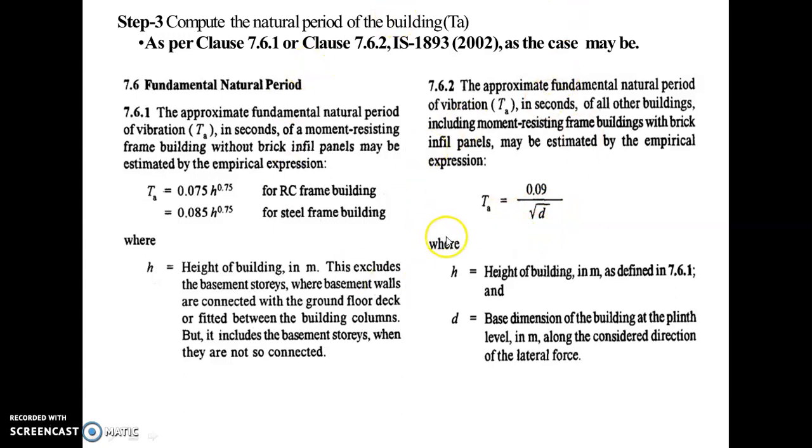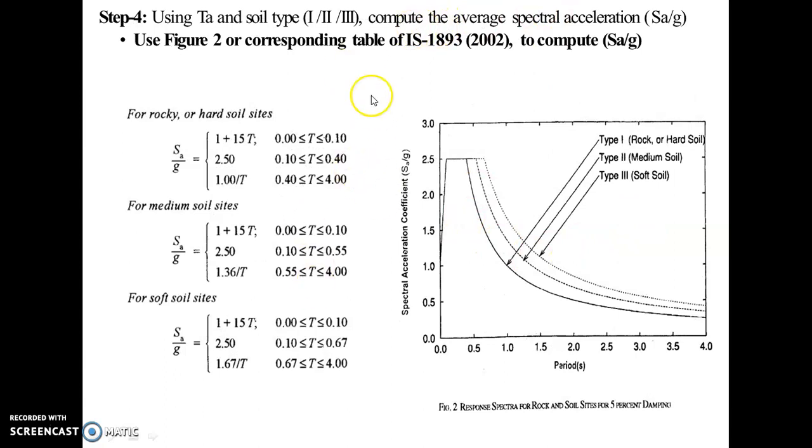After finding the T value, you have to find the Sa over g value with the help of these values or this graph. In our question, the soil criteria is already given: whether our soil is hard soil, medium soil, or soft soil. You find the Sa over g value either from this diagram or with the help of this formula.